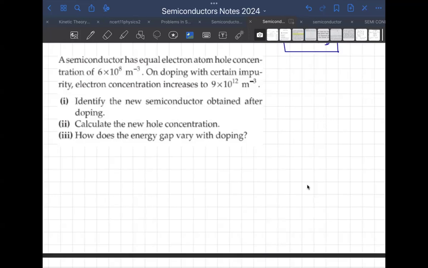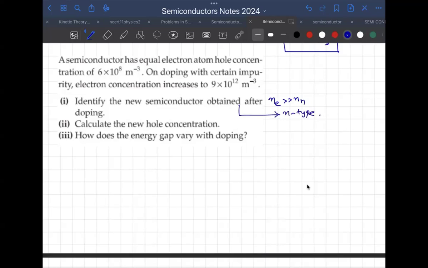Obviously, this is n_e greater than n_h. So therefore, what type of semiconductor is this? N-type. Done. Calculate the new hole concentration. Simple.